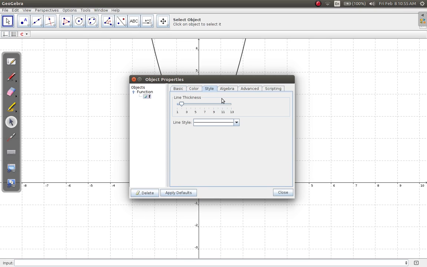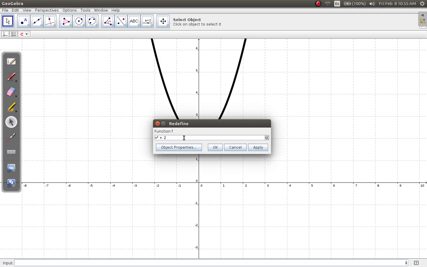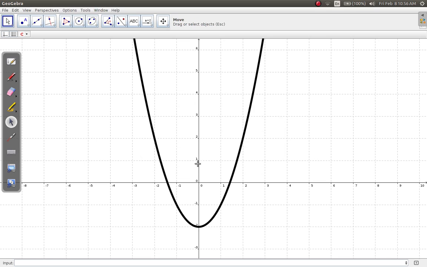I want this graph to be a little thicker than it is now. Alright. Now, suppose I say x squared minus 2. What would happen? Here, it pulled the graph down 2 places.